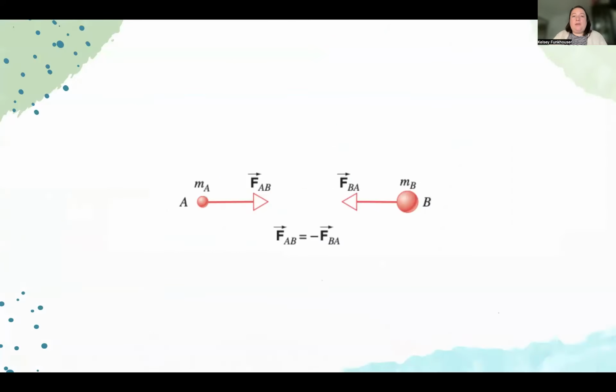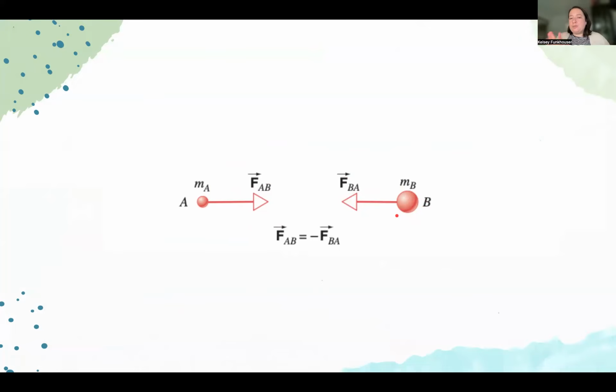Let's look at this. We have an example of two particles, because physicists love to make things particles. Remember the spherical cow. So A and B each exerts a force on the other. And these forces are equal in magnitude. The arrows are the same size, but opposite in direction. These are also known as action-reaction pairs or third law pairs.